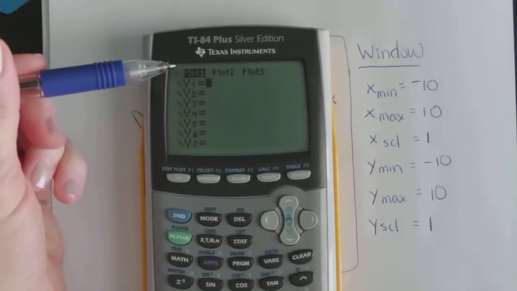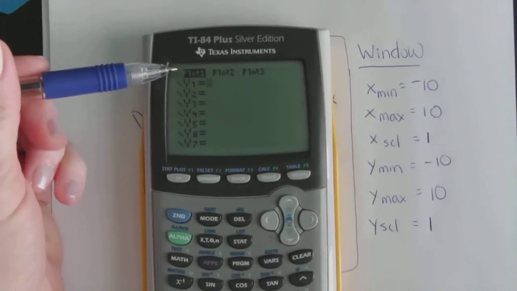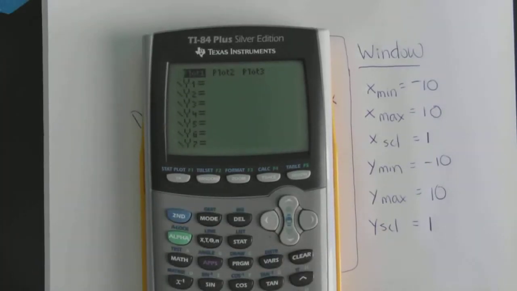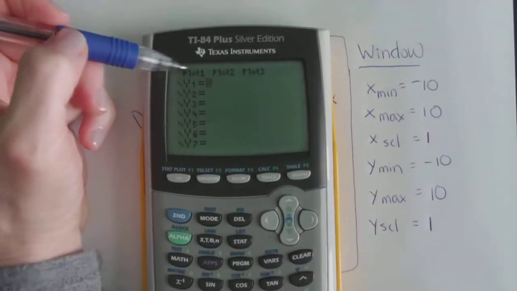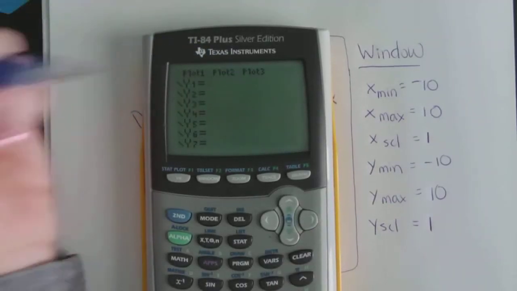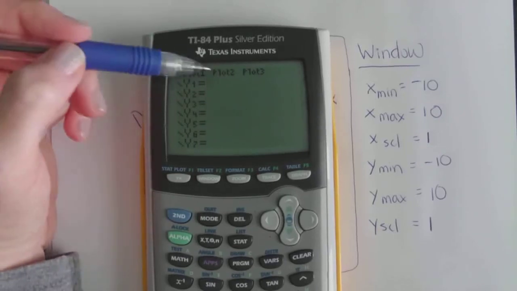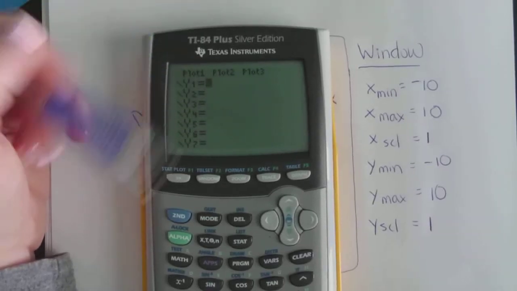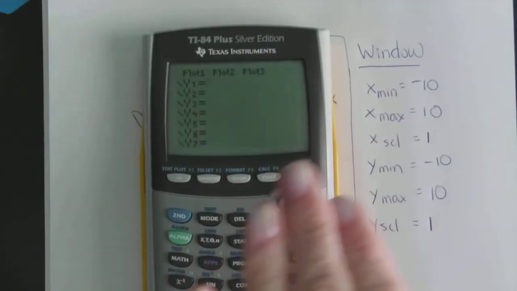Now, mine weren't on to begin with, so now you see I've actually got mine highlighted. I don't want that. So I'm going to arrow up, let it blink, hit Enter, and then come back down. And now all of mine are not highlighted. This is what you want it to look like. If they are highlighted, your graph is not going to allow you to do what you want it to do.